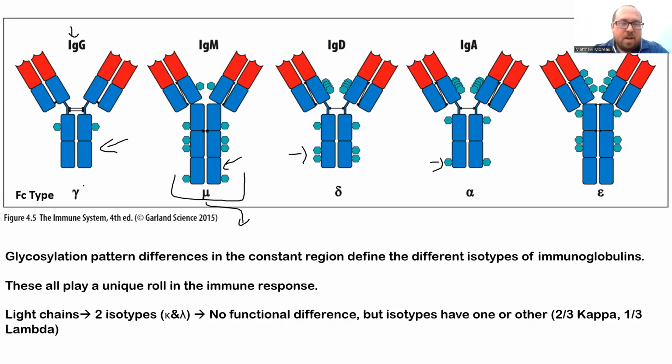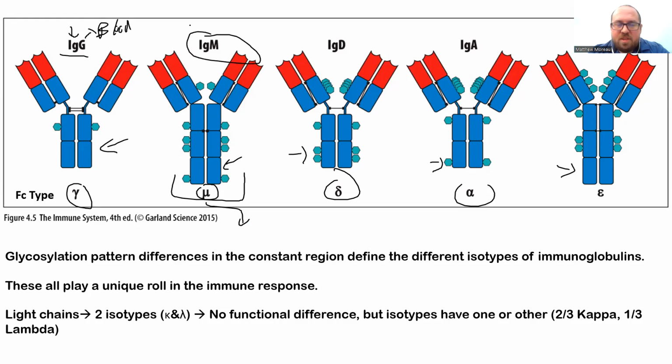So the 5 types are gamma, mu, delta, alpha, and epsilon, which gives rise to the antibodies IgG. IgG is the antibody that you find in blood, and so it is responsible for blood protection, blood-based transcytosis into the blood-brain barrier, all this other stuff. So it really protects the blood system, and that's where you find IgG.